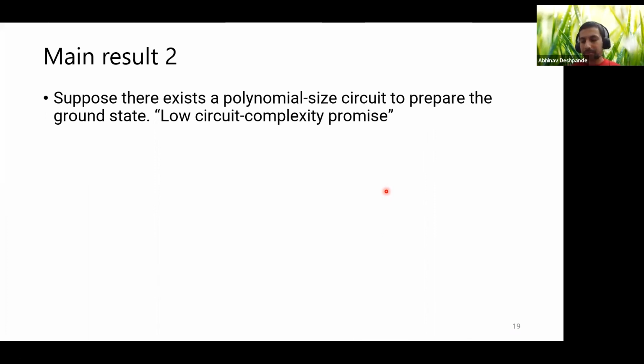For a lot of cases where we can compute the ground state energies efficiently, we can also prepare the ground states themselves efficiently. So we say that there's this promise that there is some polynomial sized circuit that can prepare the ground state. It need not be known to us beforehand. All we know is that it exists.